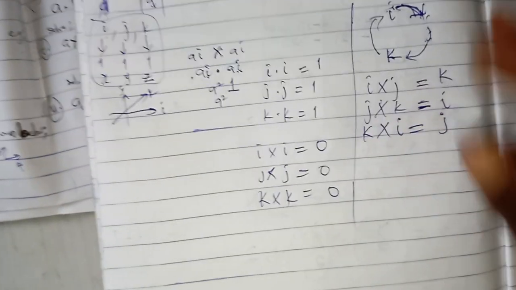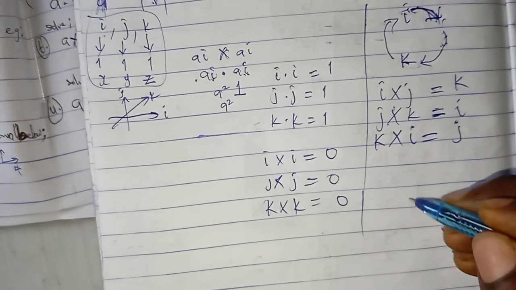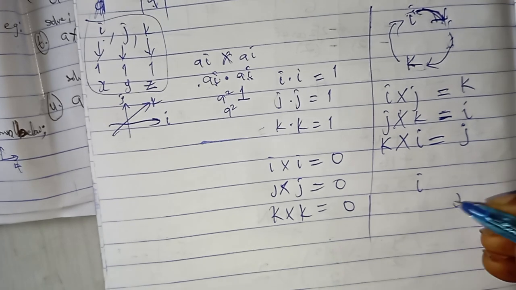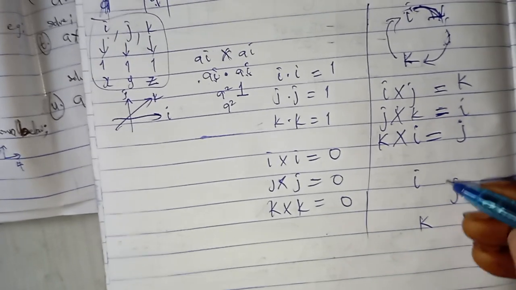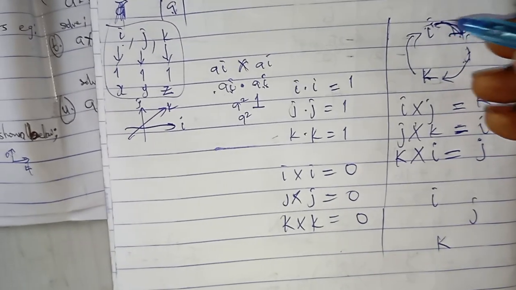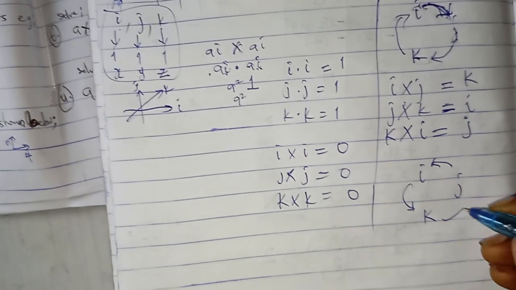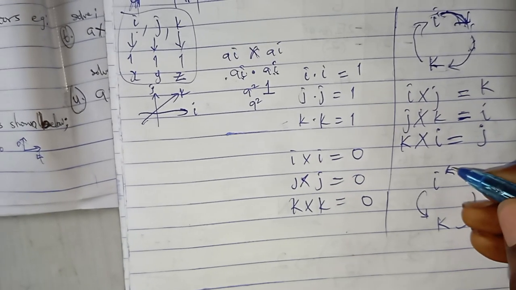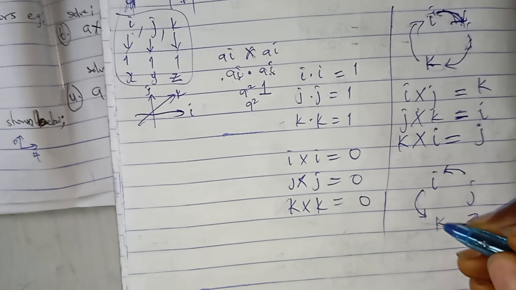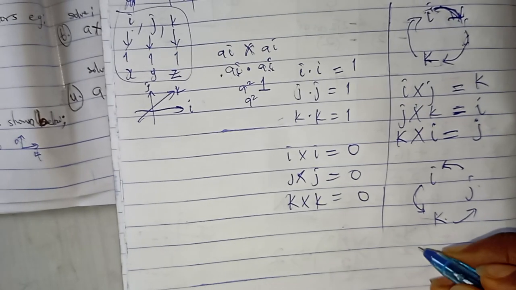But consider a situation where it goes in the other direction, let's say I have i, j, k, and instead of moving in this clockwise direction, it moves anti-clockwise. Notice that if now I use i and cross k, it will give me j, but in the negative direction.